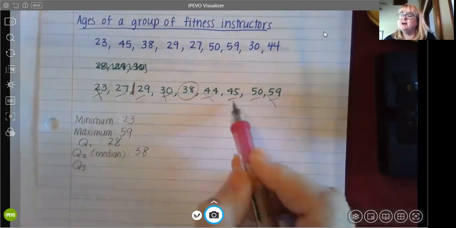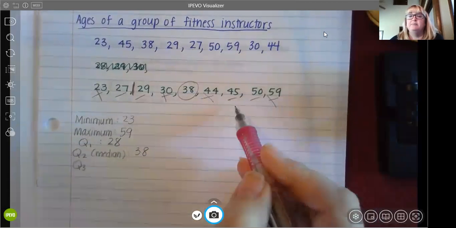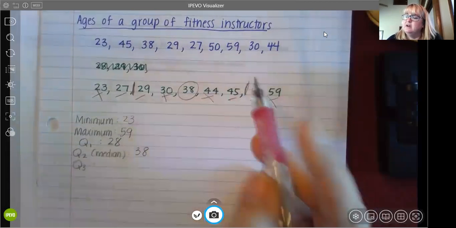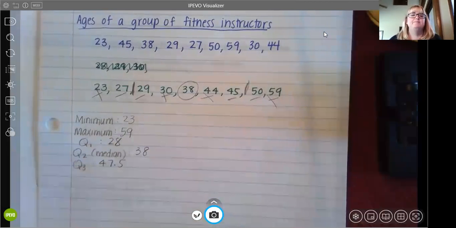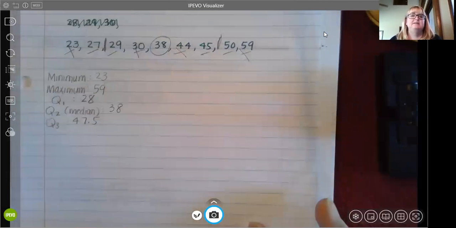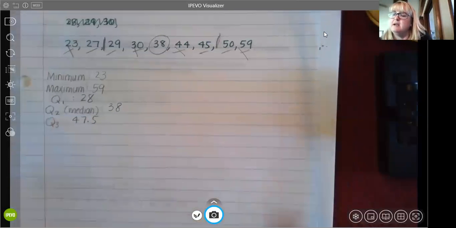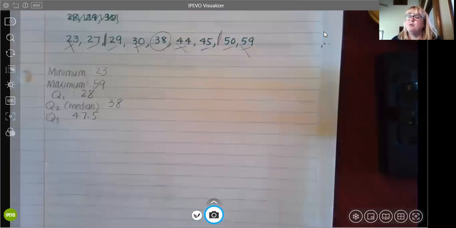We've got 45 and 50. And the number that is right in the middle between 45 and 50, that is our median, and that is 47.5.